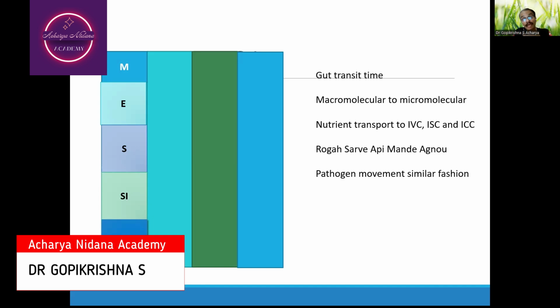From then, the chyme is formed. This chyme enters the small intestine, where it is converted into micromolecules. The presence of food, which is necessary for the transformation of macromolecules to micromolecules, lasts almost 6 hours in the small intestine. Later, the substances formed as micromolecules start being absorbed in the ileum part of the small intestine.